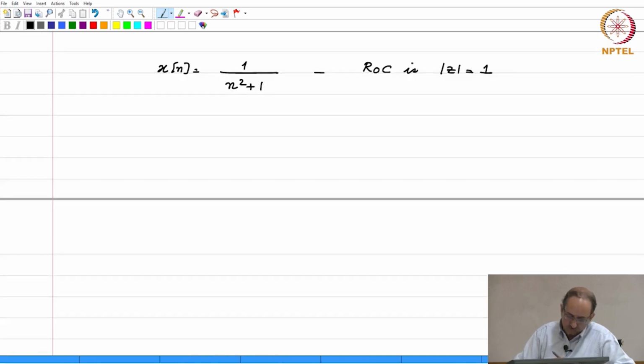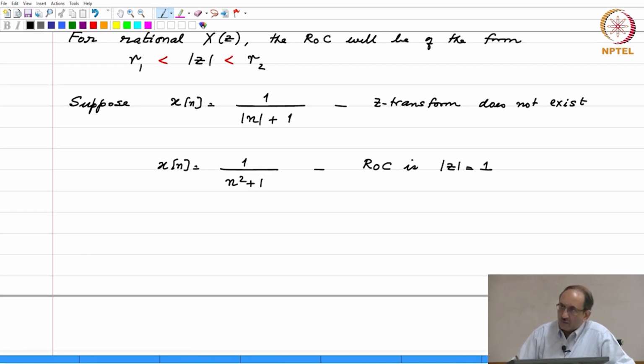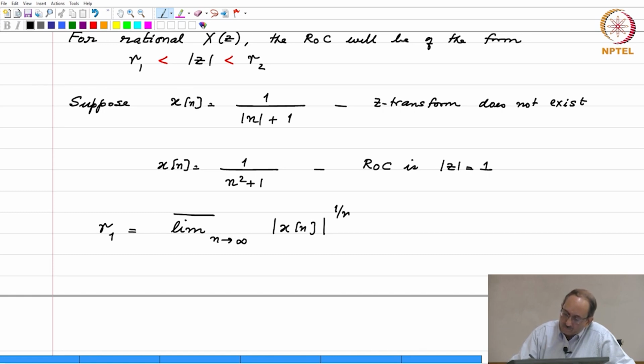And if you ask the mathematicians to define R1, they will define R1 like this. And this stands for lim sup.